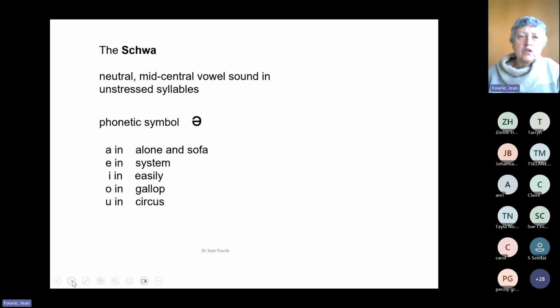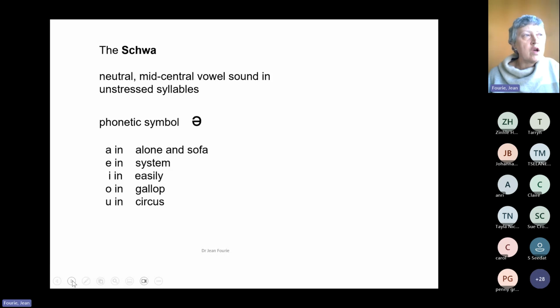English has this neutral vowel called the schwa, which makes sounding out words, and English words, very difficult to spell. So if you hear a word such as alone, sofa, system, easily, gallop, circus, you're listening for the sound.